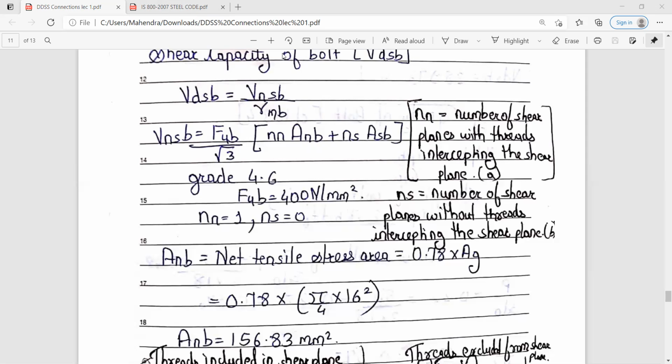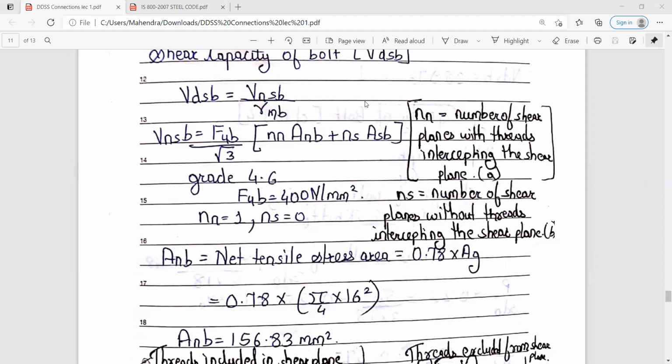Yes, done. Everyone has got the value of A and B, that is 156.83 mm square. AG is nothing but the area of the bolt.